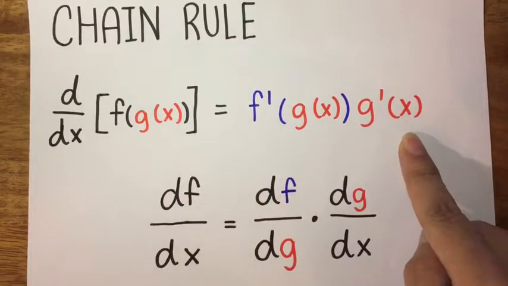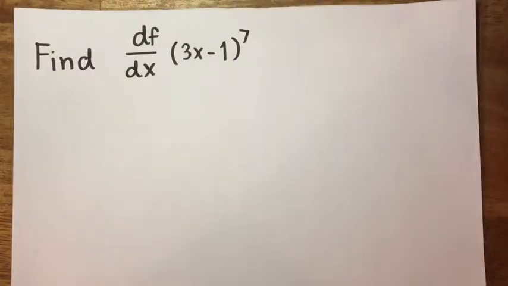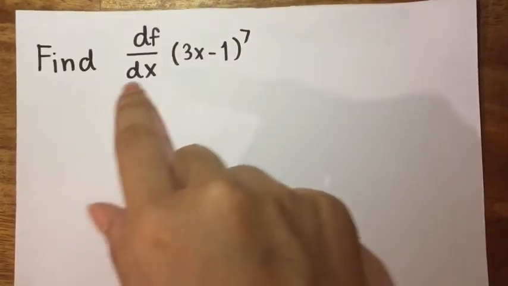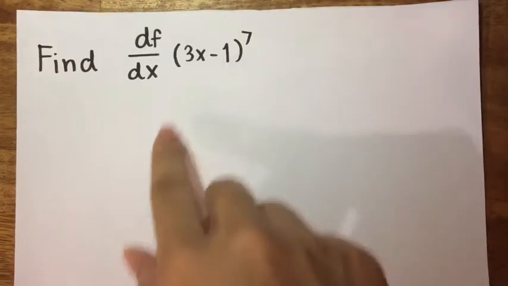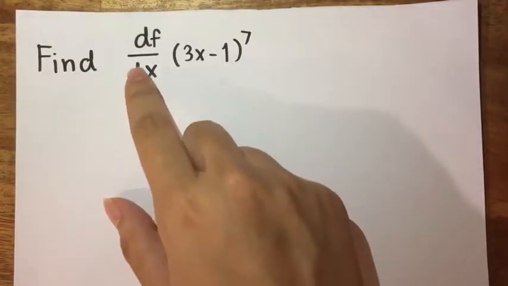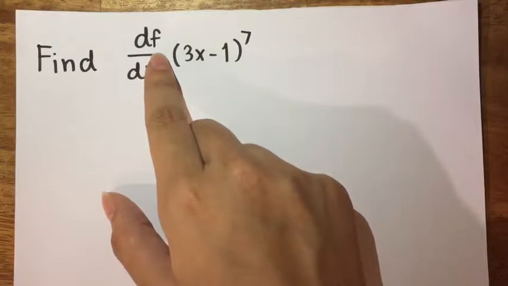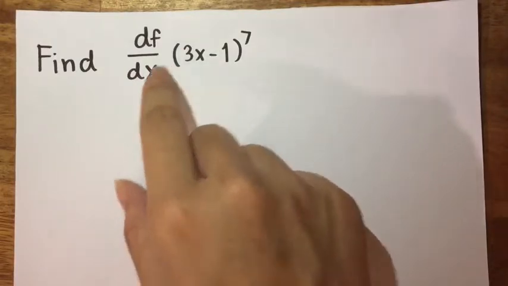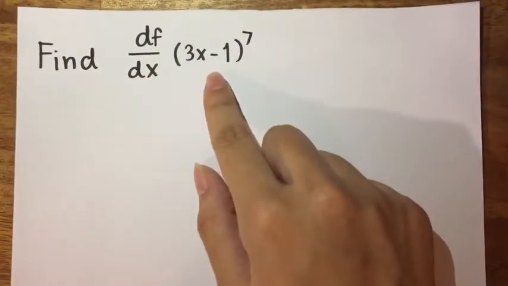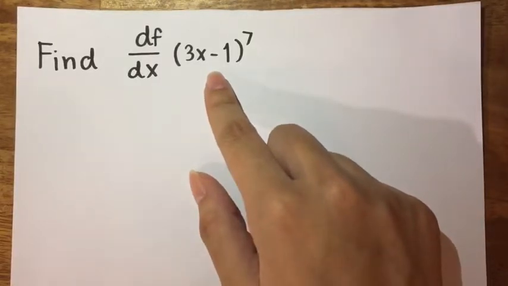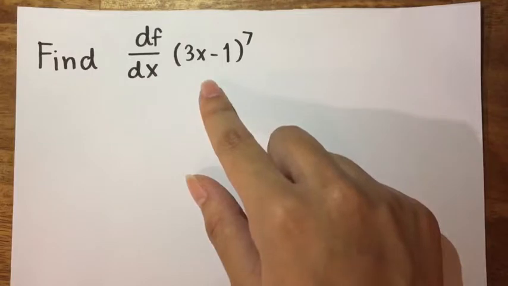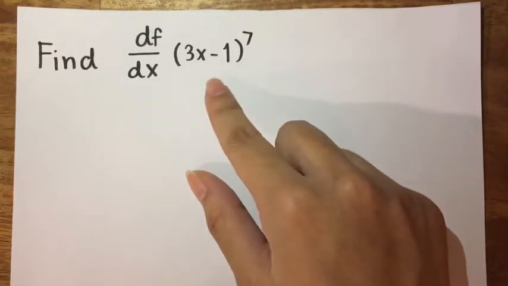Let's do an exercise. Find the derivative of this function. So we have to find the derivative of f with respect to x. First off, we have to determine which function is f of x and which function in here is g of x.